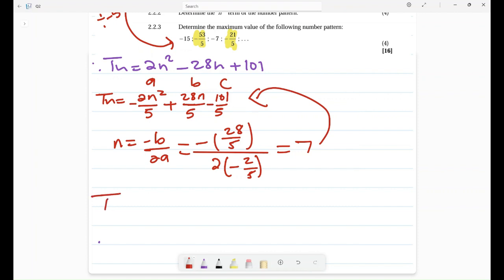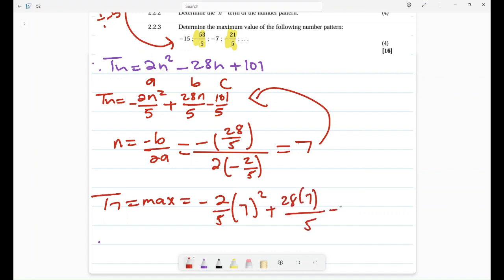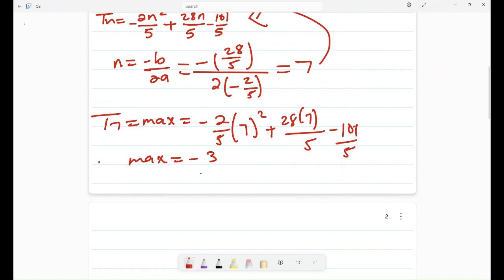So therefore, T7, which is the maximum, is equal to negative 2 divided by 5 times n squared, that is 7 squared, plus 28 times 7 divided by 5, minus 101 divided by 5. Therefore, the maximum value that I get is negative 3 divided by 5. This is my maximum value.